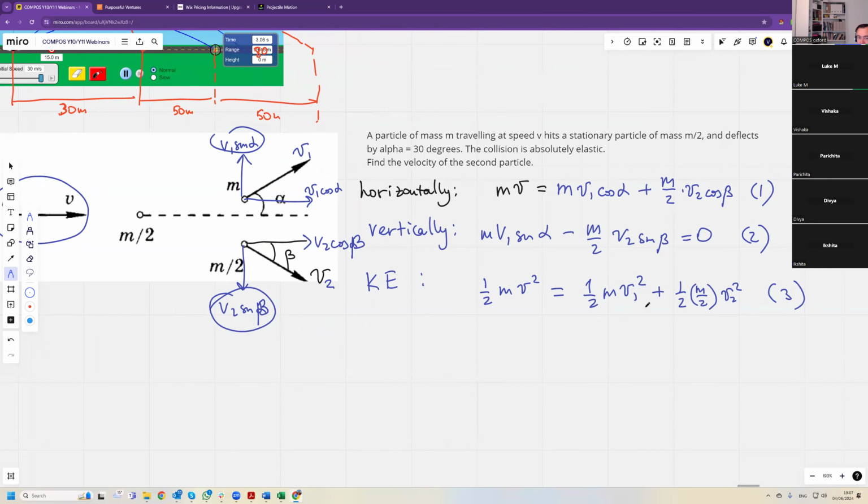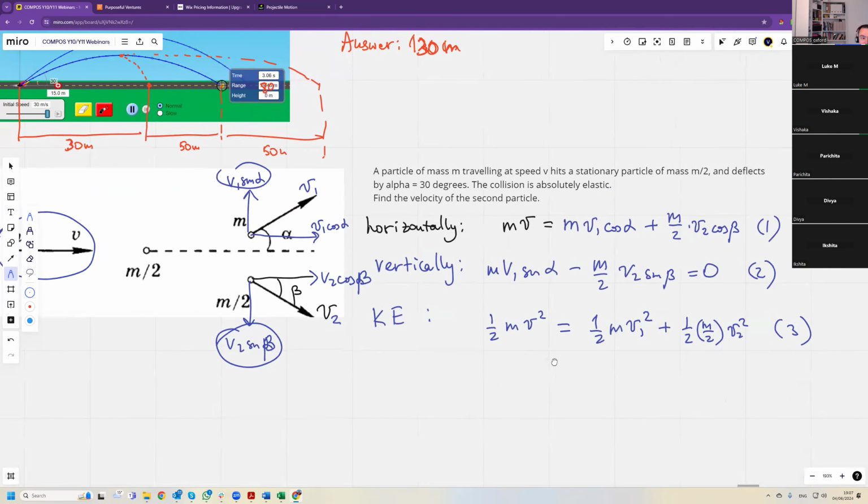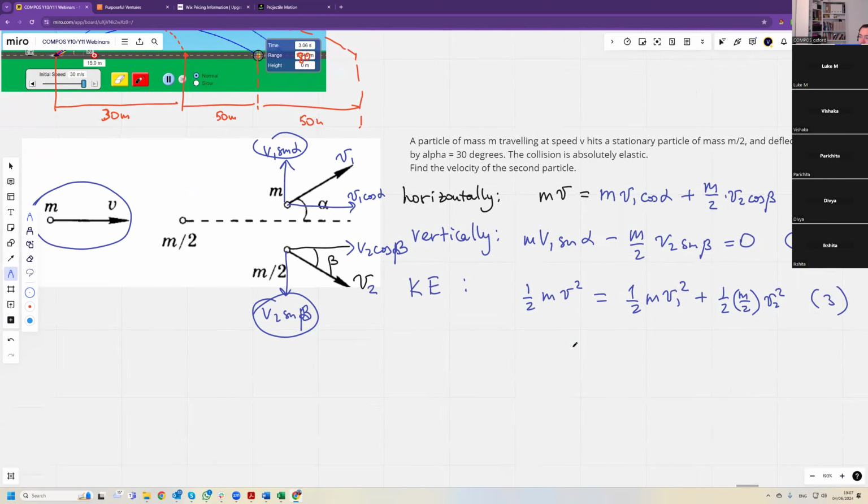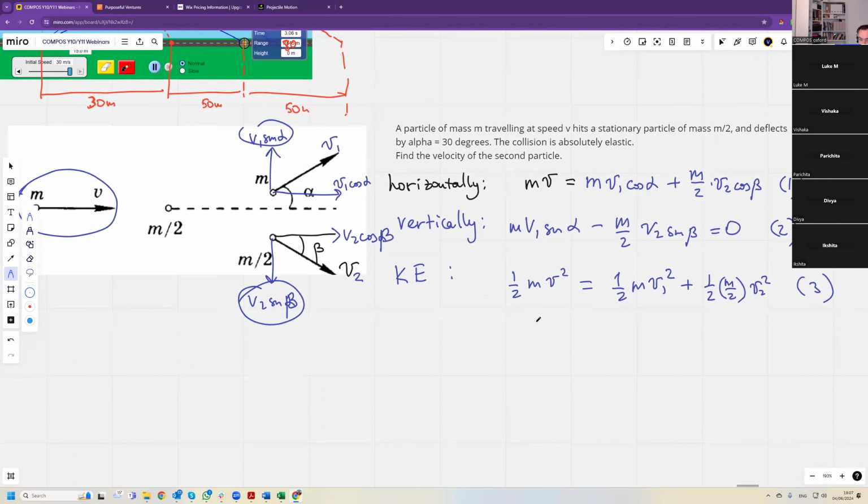I may have rushed this, but how well do you understand these three equations? On a scale of 0 to 10, please.